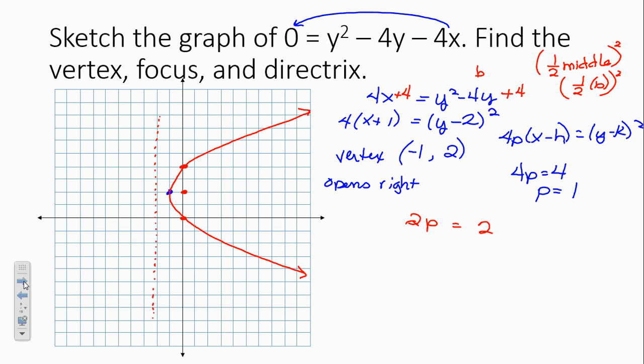That's a trick, because it's going to make it exactly 2 units this way, 2 units this way. Do you see how this point is equidistant from both the directrix and the vertex, and the focus? So double your p and move that distance up and down from your focus. Then you can plug in points. They won't be nice and neat.